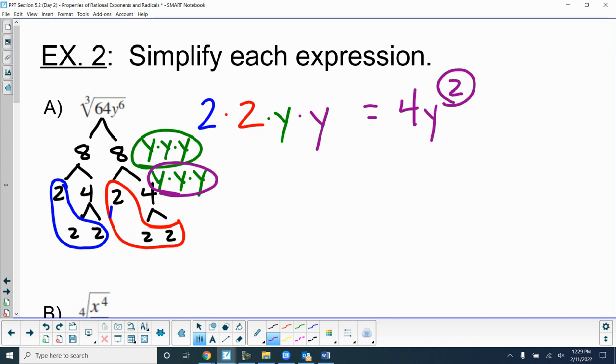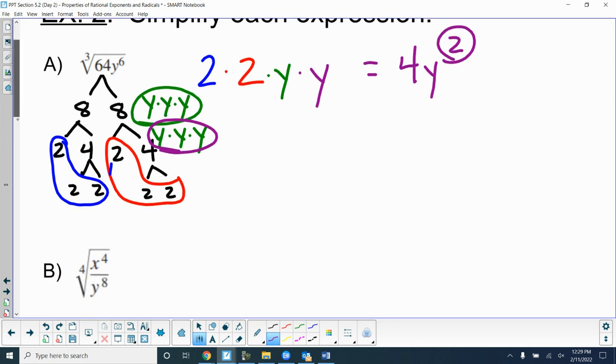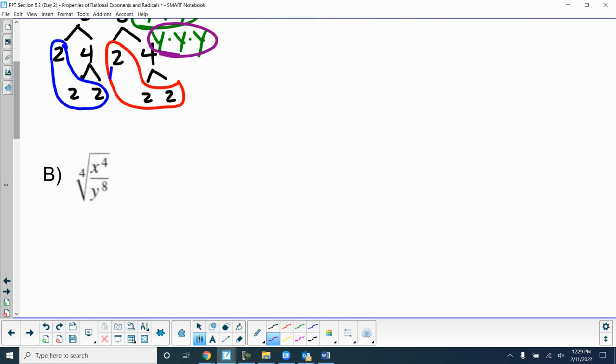So, what's 4 divided by 4? 1. Who said 2? What's 8 divided by 4? 2. That's pretty easy, isn't it? Does that make sense? You look like you're confused. All right, look.